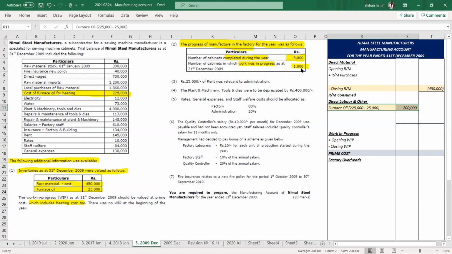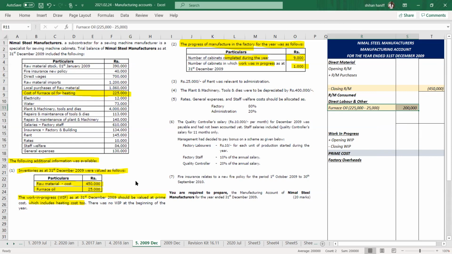We might need this information in future. It is needed to find out the closing work in progress. The work in progress at 31st December should be valued at prime cost.